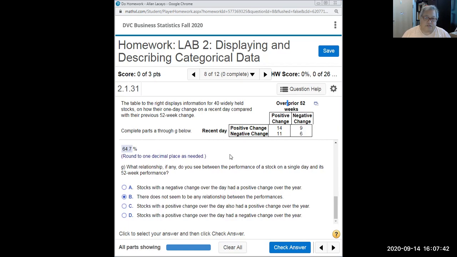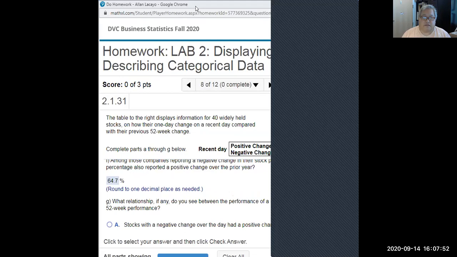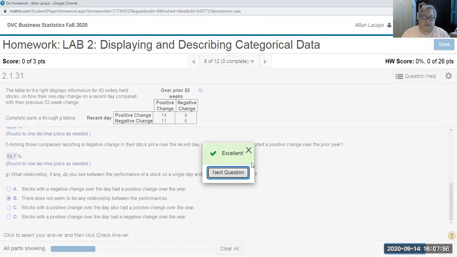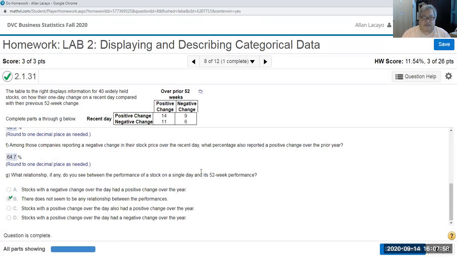This is an example of what the textbook refers to as independent items. So I'm going to check the answer, and the question is complete, and it's complete in good order.